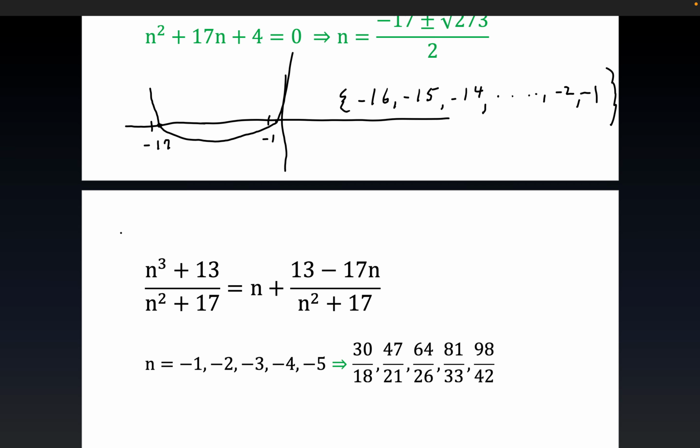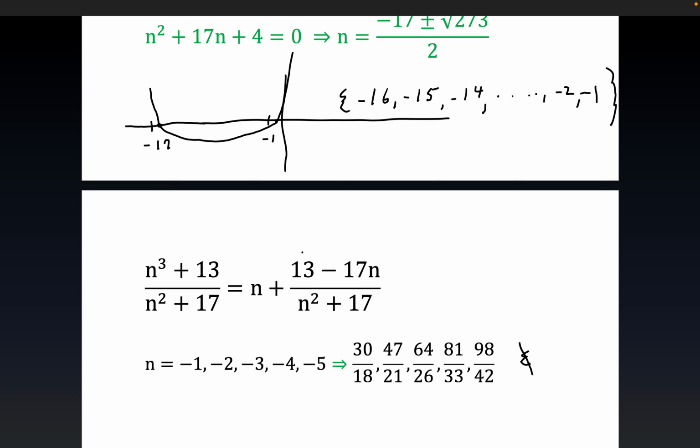Okay, now, so y'all, what I did right here is I've just done some of the work already to cut down on time. You can see for minus 1, if you put a minus 1 right here and minus 1 here, you get 30 over 18. Right, folks? And I've checked these, and so far none of these are integers, right?